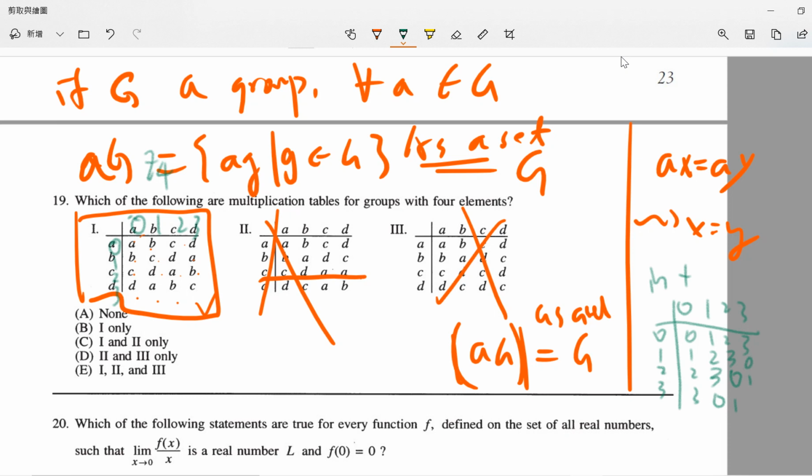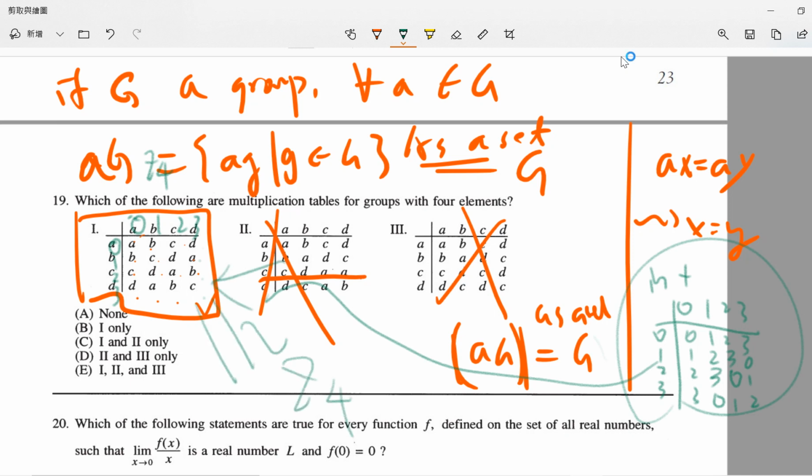Replacing 0, 1, 2, 3 with A, B, C, D, you can see this table matches this table. So this group is basically the abelian cyclic group Z4. So only the first one is a group. So we choose B.